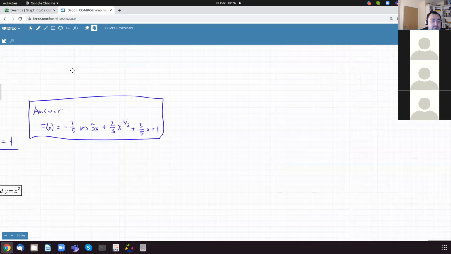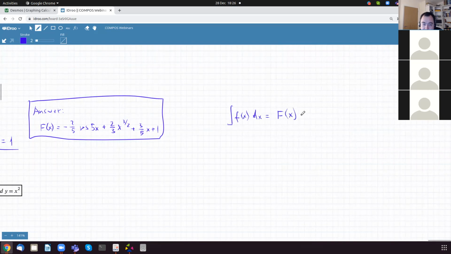So we say that the integral of f of x dx is equal to capital F of x plus c. So F of x is known as the antiderivative function. It's a function whose derivative is f of x.